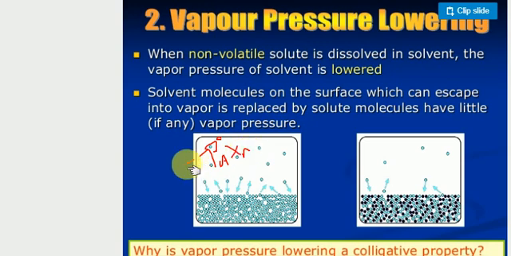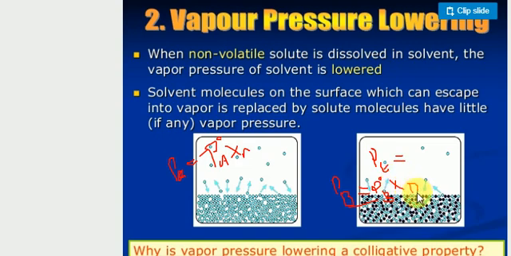This is nothing but PA, the total pressure of the solvent molecule. Now consider adding a non-volatile solute; what is the total pressure? Taking the second component as B, PB is equal to P naught B into XB. Clear?